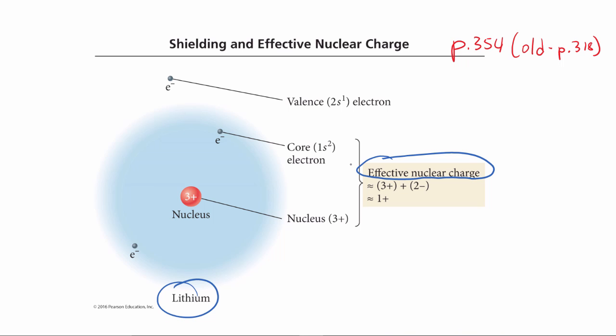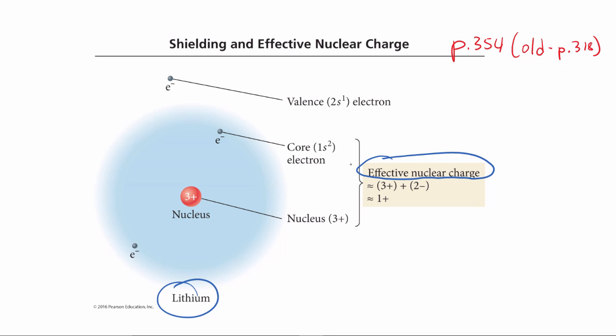We determine the effective nuclear charge by looking at what we say the nuclear charge is, which is 3 plus. And then we subtract from it the number of inner level electrons, which your author here calls core electrons.